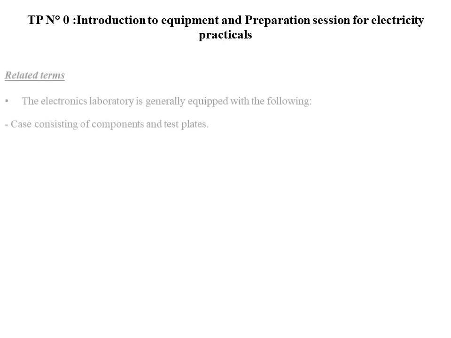So let's move to introduction to equipment and preparation session for electricity practicals, which is practical work number 0, an introduction about this module and the devices and materials in the laboratory.